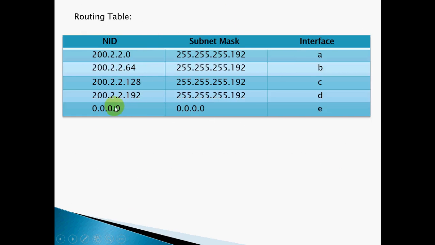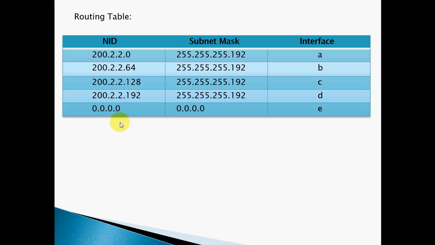The routing table has a last entry 0.0.0.0, which will be the default entry. It means if a packet with an IP address which does not belong to any of the subnets in the network is entering the network, then this packet is thrown outside the network. Thus, this is the use of the default entry.